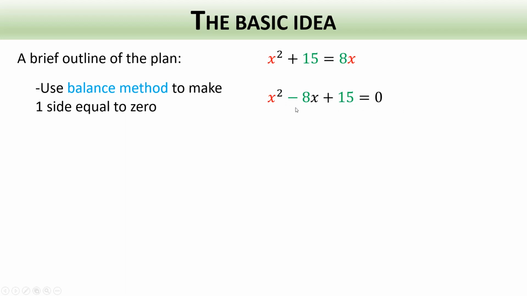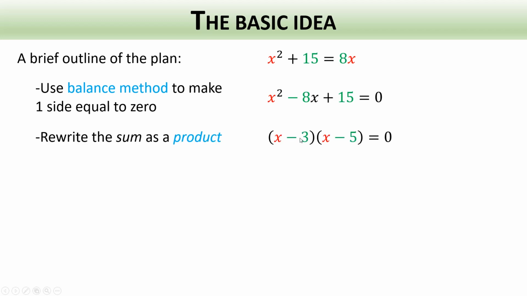And the left-hand side is now a sum of 3 terms. We have x squared and plus 15, and also we subtracted 8x. And now we get the weirdest and the cleverest and the most elegant step. The left-hand side, this sum, can be rewritten as a product, x minus 3 times x minus 5. And we will spend a lot of time on understanding how this step works.